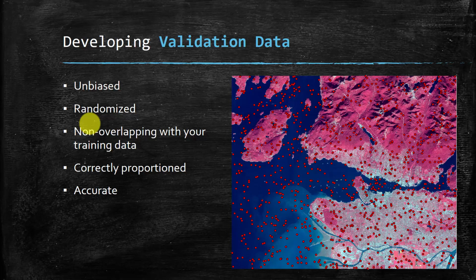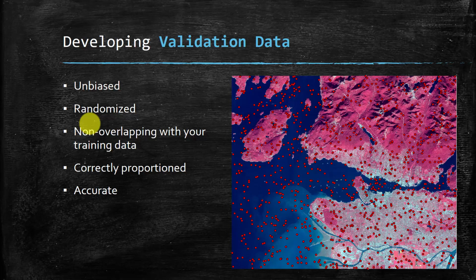And obviously, this probably goes without saying, but your data need to be accurate. So if you create some validation data and it's very flawed, you could be comparing your model to something that's actually not much more accurate than that. So the assumption here is that your validation data are much more accurate than the model.